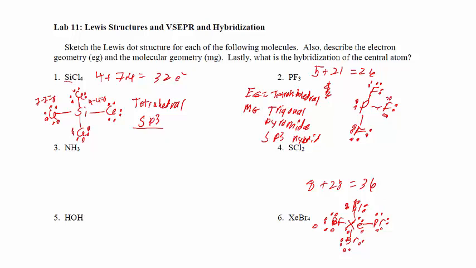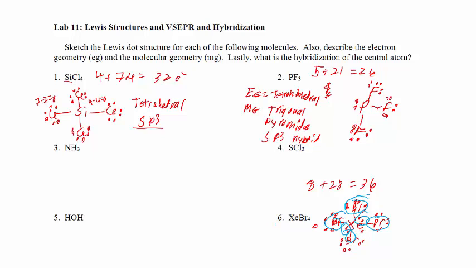So if we look at the groups that we have attached to this atom, they are 1, 2, 3, 4, 5, 6.